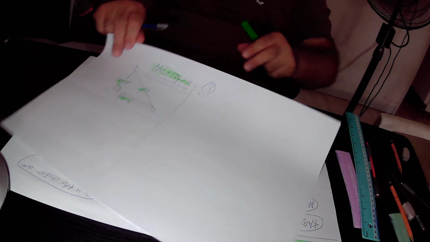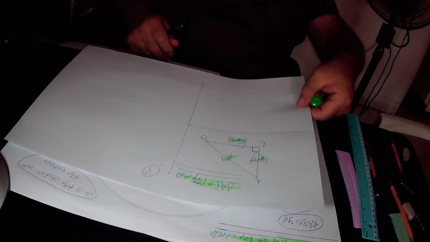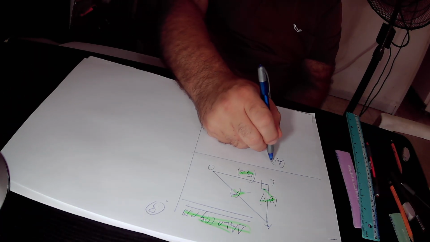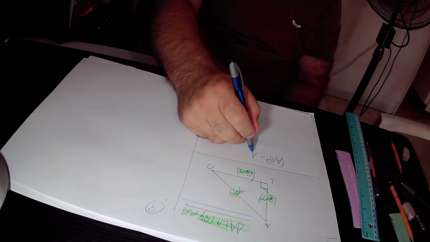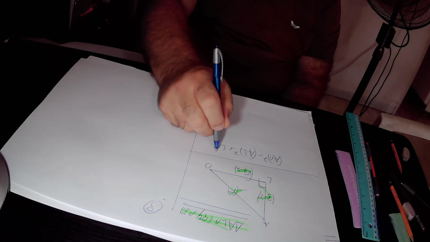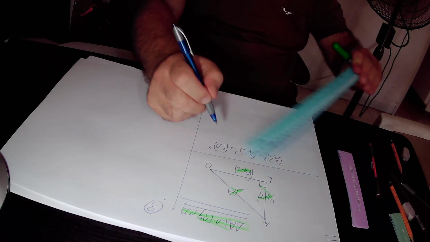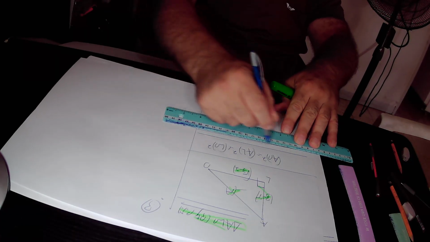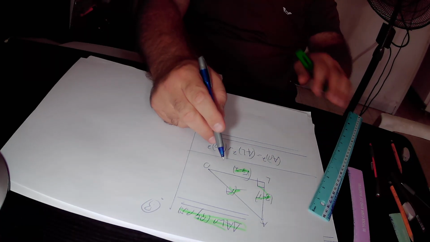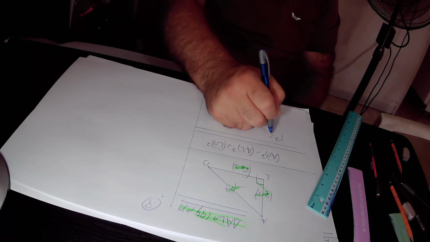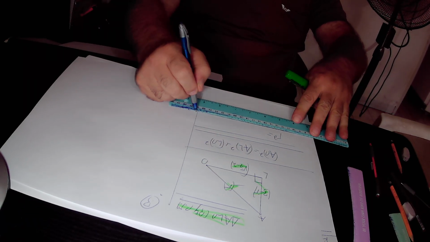So I write it down. AO squared, that is the square of the hypotenuse, equals AL squared plus LO squared. AO is R, therefore AO squared is R squared, and it is equal to AL squared.